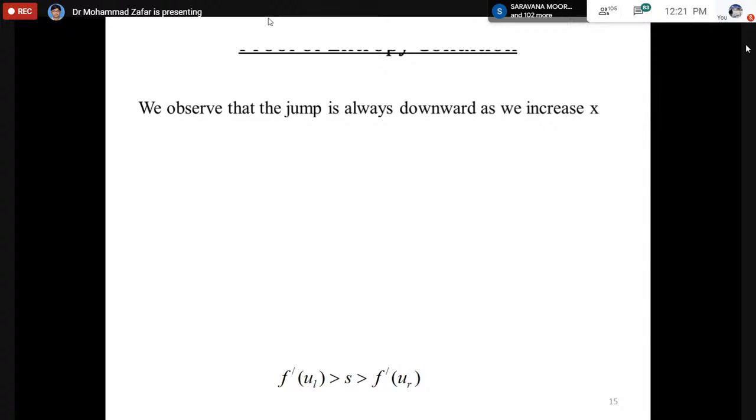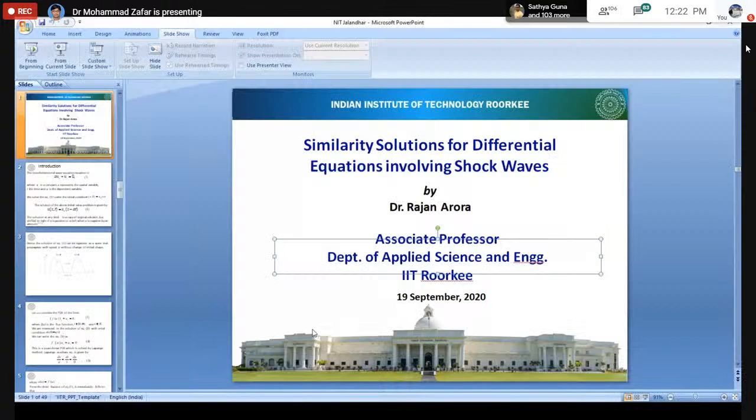We can write the jump condition as follows: s is equal to... Jafar, is there a whiteboard in this Google Meet? Hello, can you show the whiteboard?